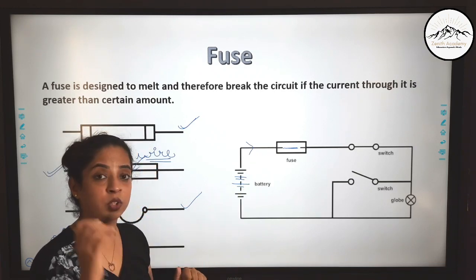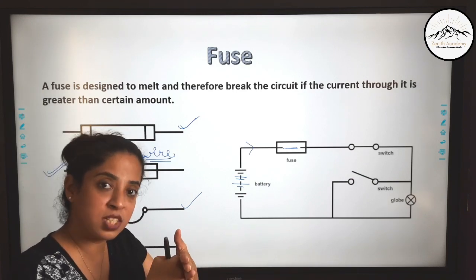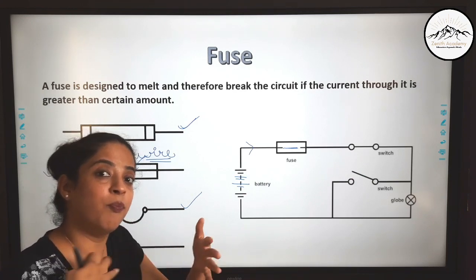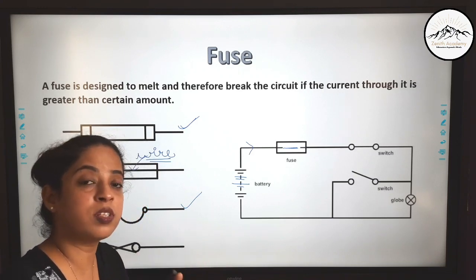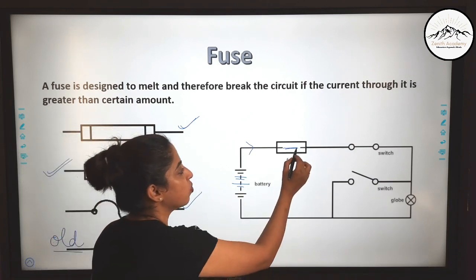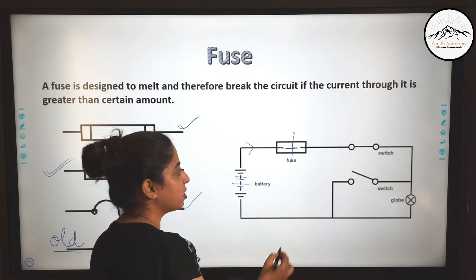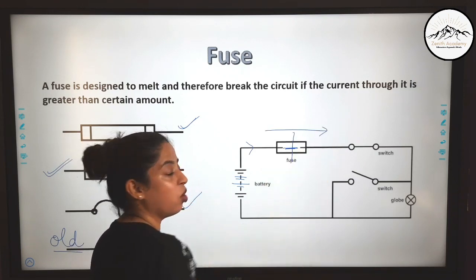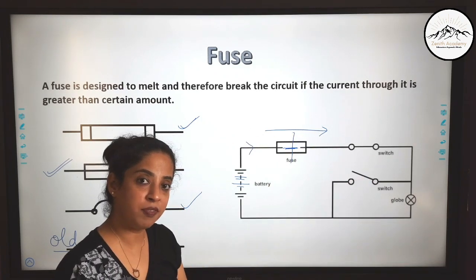Now this wire also has a property that it has a high resistance. So it is offering resistance to the flow of current. Now if more current is there, more resistance is there, because of more resistance, heat is generated. And this heat melts this wire. Now if this wire melts, the wire breaks and now the high current cannot flow. And if the current cannot flow, our appliances are saved.